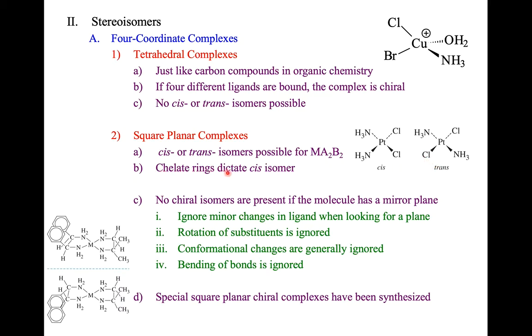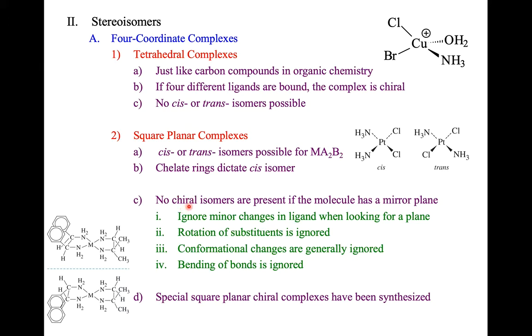If we have a chelate ring, so something like the ethylene diamine ligand that we talked about earlier, that's going to dictate that we only are able to form the cis isomer because the ethylene diamine, its distance doesn't allow the nitrogens very far apart. And so the cis isomer has the nitrogens close, the trans isomer has them very far apart. And so in general, if we have a chelating ligand, we get the cis isomer only.